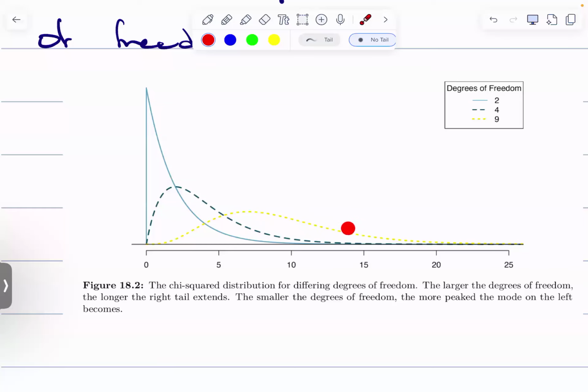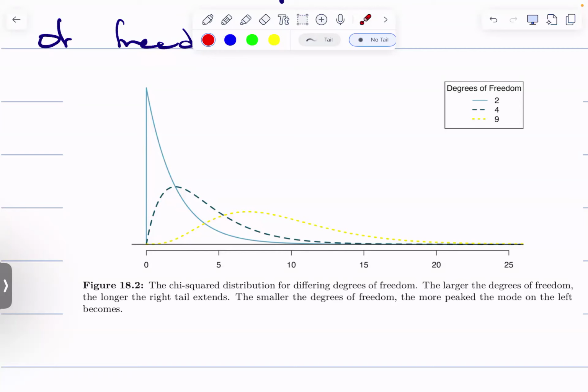Eventually, if you have a really large degrees of freedom, it tends towards a normal distribution. You need a really large degrees of freedom though, and it won't be quite there. But in general, when I draw a chi-squared, I draw it kind of like 4 degrees of freedom, because we just need it to visualize what we want.